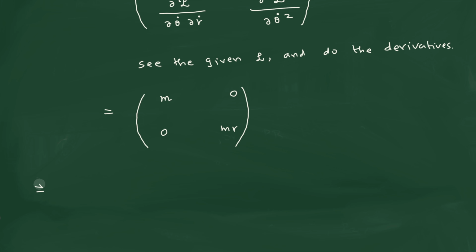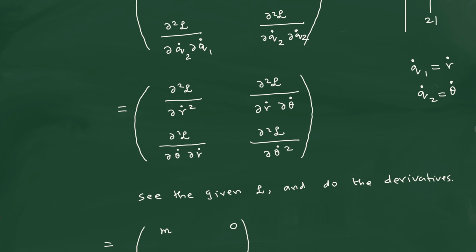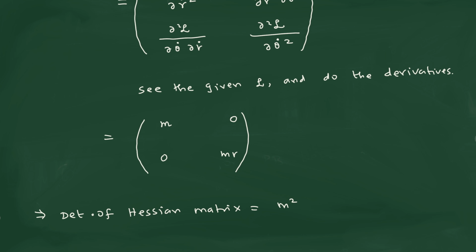If this is the Hessian matrix, what is the determinant of the Hessian matrix? Determinant means you know, right? You take this multiplication, I'll get m square. The first one is only m, into the last differentiation, which I'll have to verify.